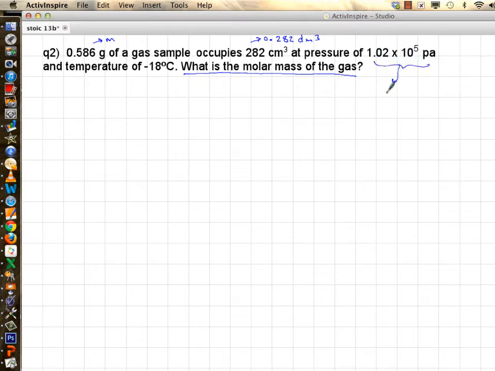So the pressure for me is 1.02 times 10 to the power 2 kilopascal. And also they give me a temperature that definitely is not STP. So the Kelvin is simply 273 plus minus 18, which is take away 18, and it's 255 Kelvin.